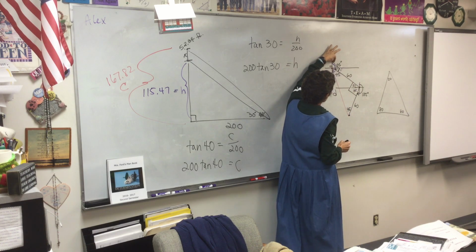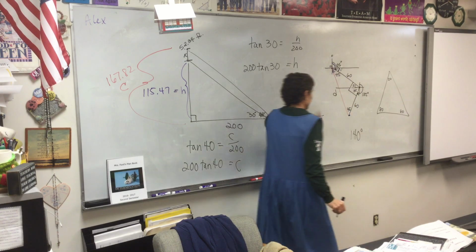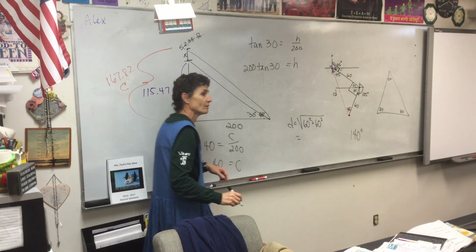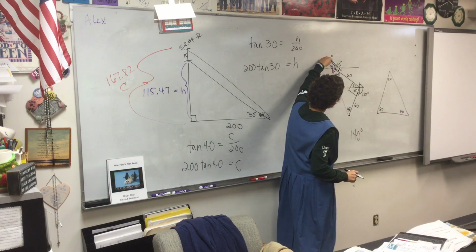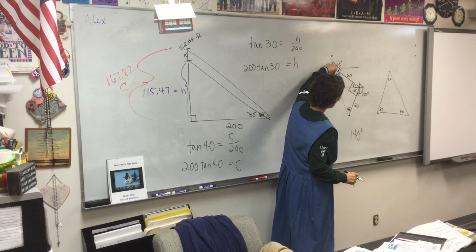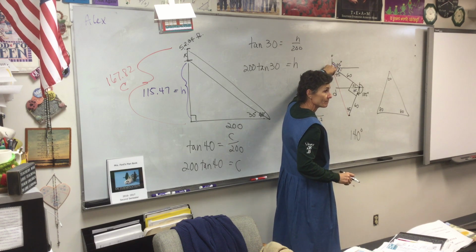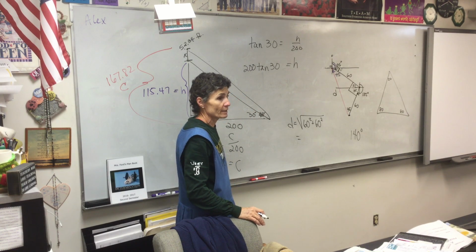Okay, look. 140 degrees. This ship is on a course of 140 degrees. But it would be 145. No, it's 95 to the black line, and then 45 to the red line. So all together would be 140.